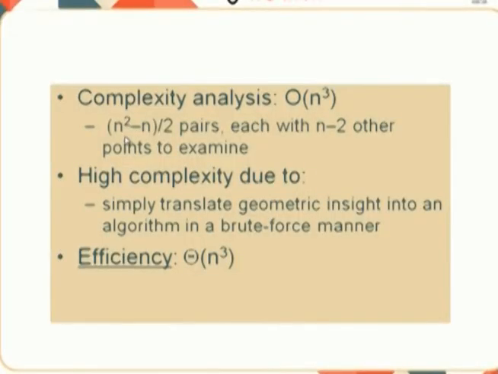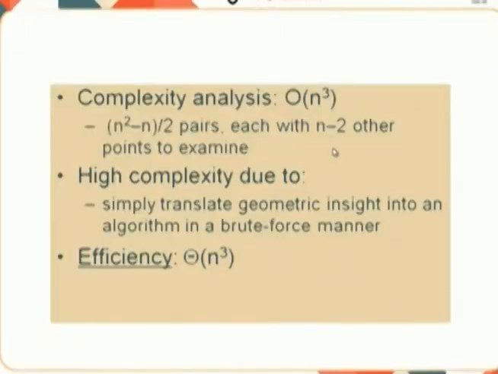How many pairs of lines are there? There are (n squared minus n) by 2 pairs of lines, and I have to compare each with the n minus 2 other points. So, naturally the complexity comes out as big O of n cube.